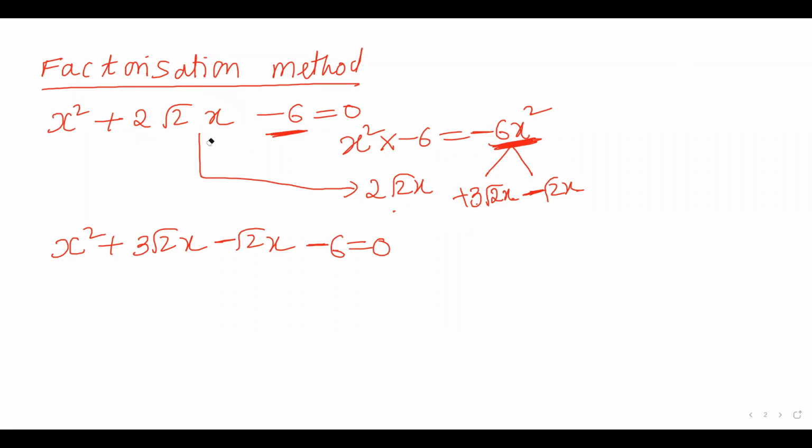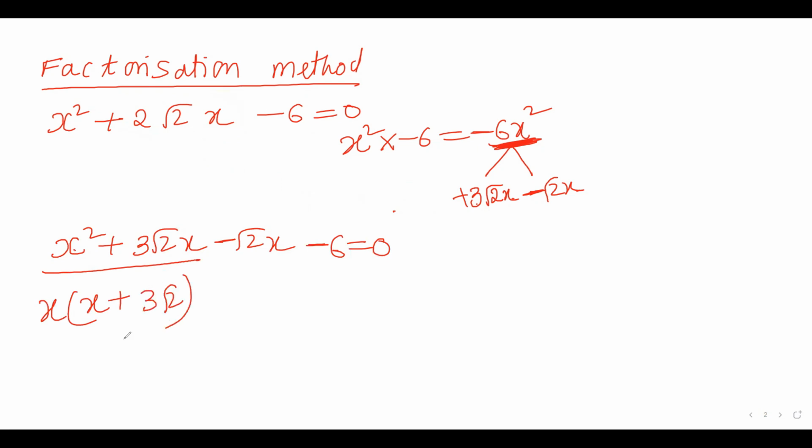What is the common from the first two terms? x is the common. 1x will remain, 3 root 2 will remain. You can cross check: x into x, x square. x into 3 root 2, 3 root 2x.